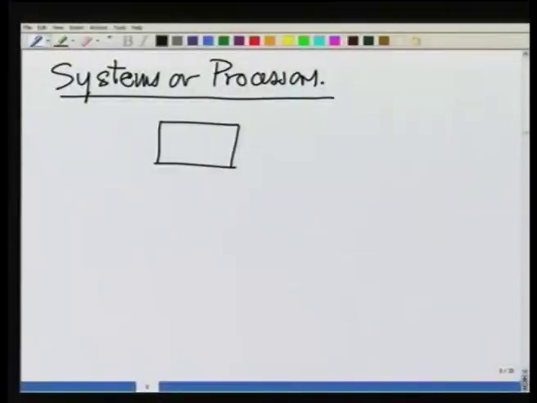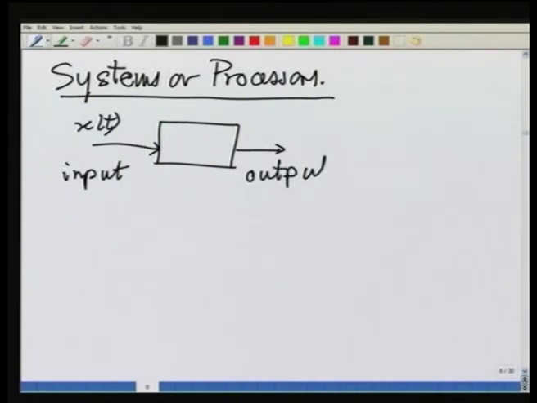There is a block that we call the system, and to this block, whose internal details we will not concern ourselves with, we will apply what is called an input, which we will usually designate by x(t), and obtain an output which is also a signal that we call y(t).